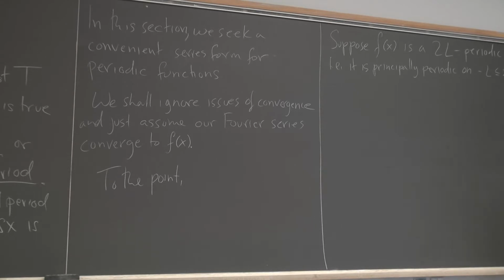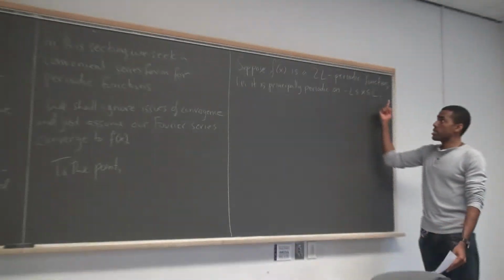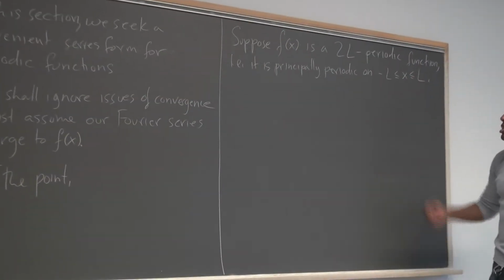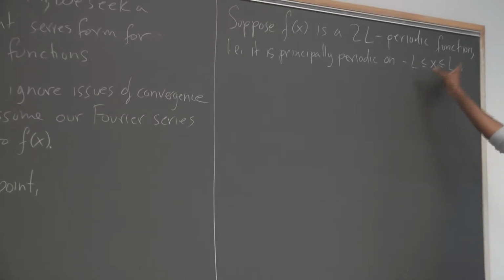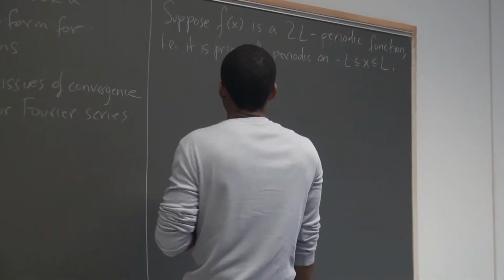So you can sort of center this periodic function around the y-axis, going a distance L in one direction and L in the other direction, so the whole length is 2L, and that period is repeated. Right? So it's a 2L periodic function.